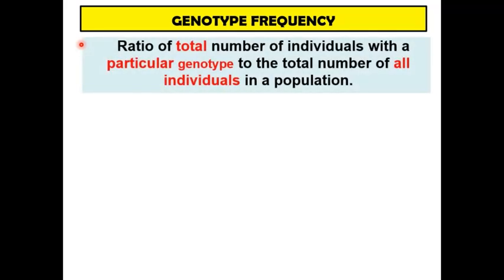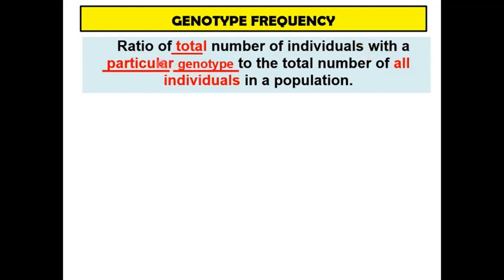Okay, so next is genotype frequency. What is the meaning of genotype frequency? Genotype frequency is the ratio of the total number of individuals with a particular genotype to the total number of all individuals in a population. The key point here is the total number of individuals with a particular genotype.